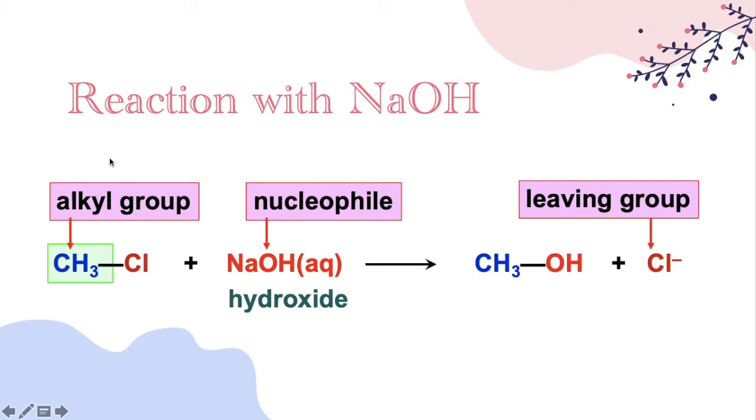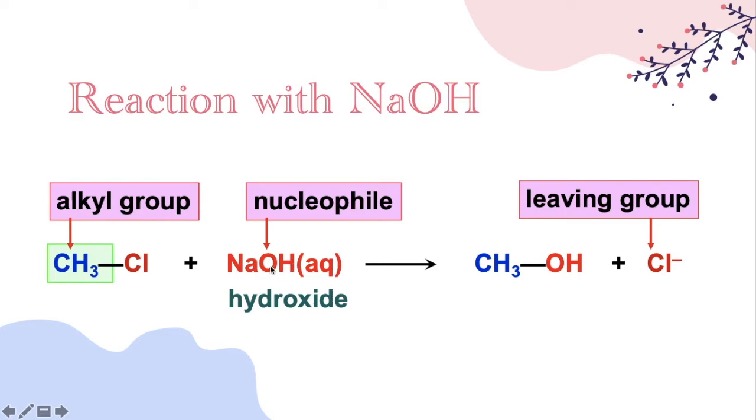Haloalkanes can undergo 7 reactions. The first one is reaction with sodium hydroxide. A haloalkane with an alkyl group reacts with the nucleophile sodium hydroxide. The nucleophilic part of sodium hydroxide is hydroxide.